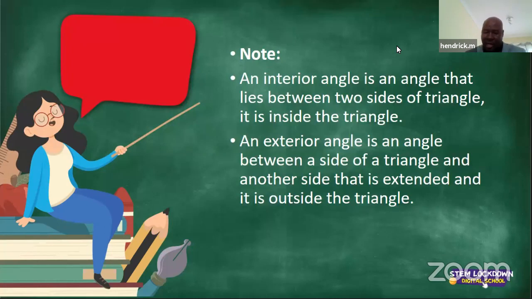The word interior, I'm sure you have come across before, like interior decoration. Some of your parents maybe want to decorate the house, the interior. So interior means they decorate inside, and the exterior is outside. So exterior angles are those angles that are outside the triangle, and the interior ones are inside. I think we've mentioned this a lot.